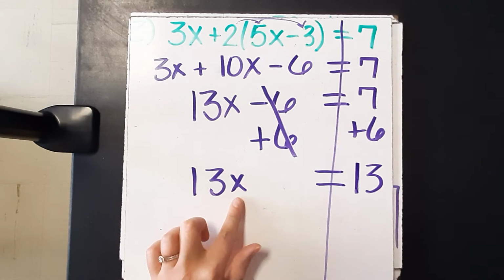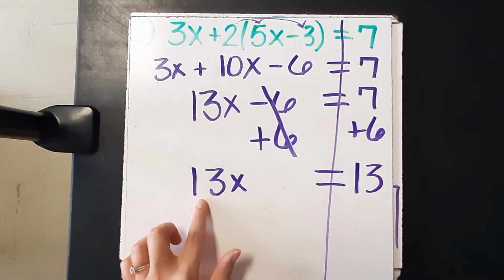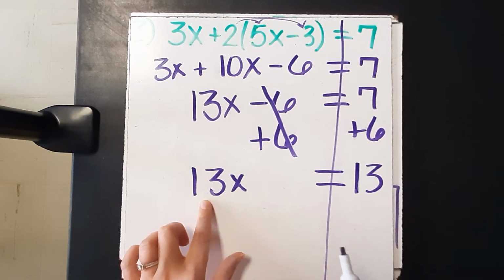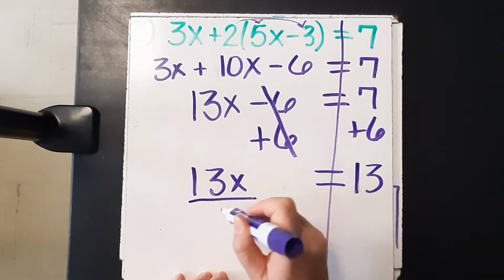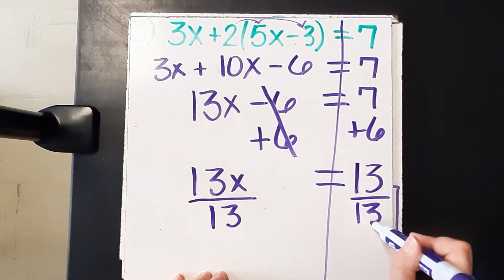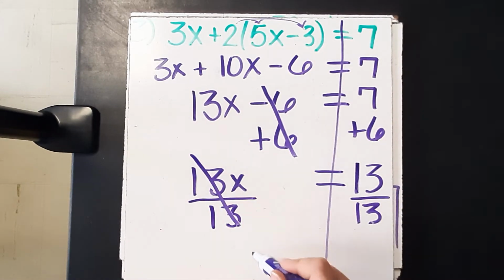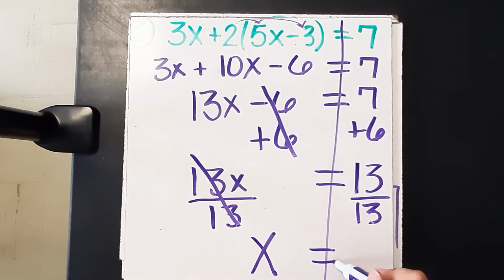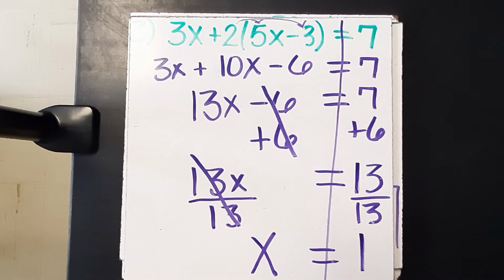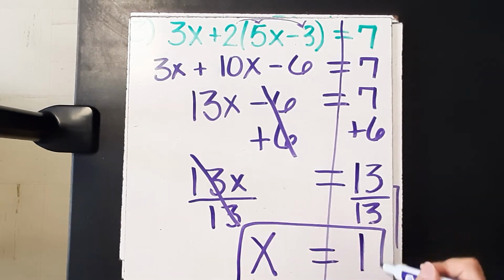My last step is I need to divide to cancel my multiplication. Since x is being multiplied by 13, the opposite of that is dividing by 13. So to cancel that multiplication, we are dividing. On the left, it cancels, and I just have x equals, and on the right, 13 divided by 13 is 1. So our answer here is x equals 1.